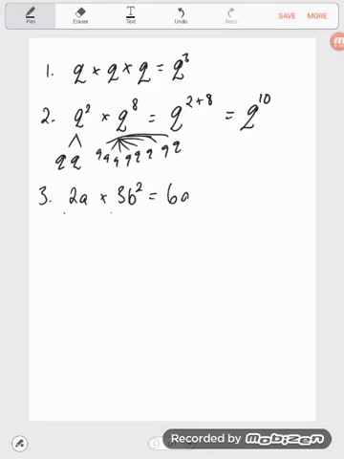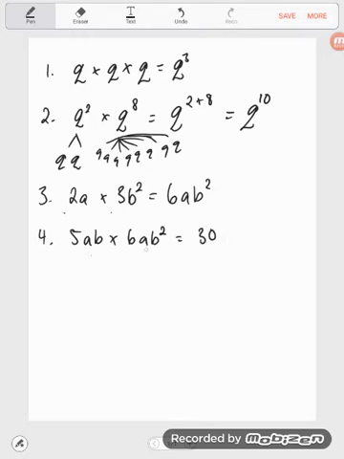You have 1a and you have b squared. Okay, if you were to have maybe something that's a bit more complicated, so maybe 5ab times 6ab squared, okay, you're going to have 5 times 6, which is 30.